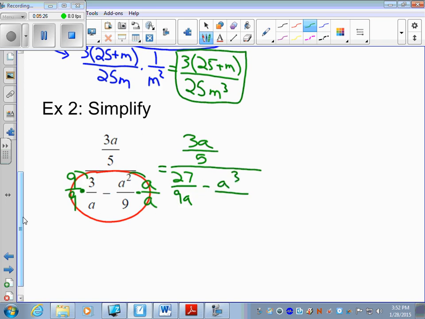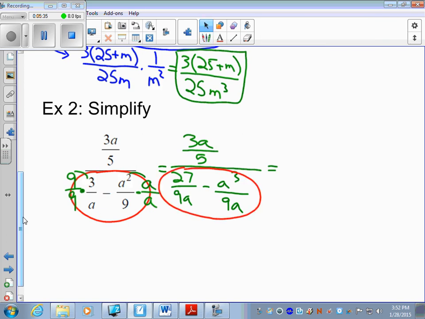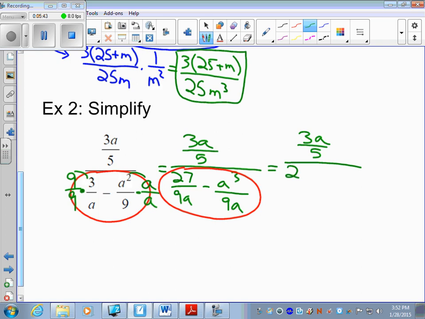We have like denominators, and I can combine those. Again, I'm only looking at the denominator. The numerator is still staying the same, 3a over 5. The denominator, we have 27 minus a to the third over 9a. I have two fractions.